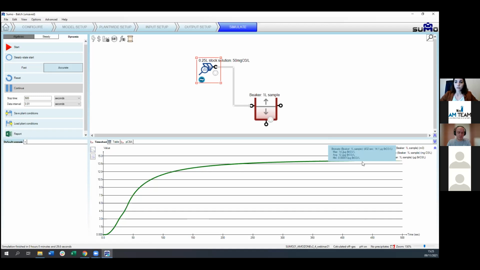So this is very important to know, to evaluate the results of a batch experiment. It's also very important to know this detail about the human factor and the operation of such tests.